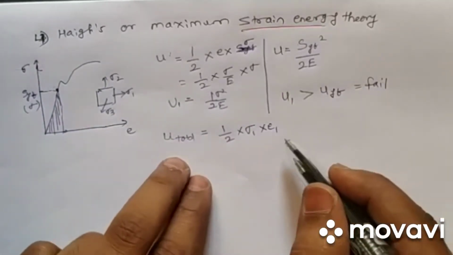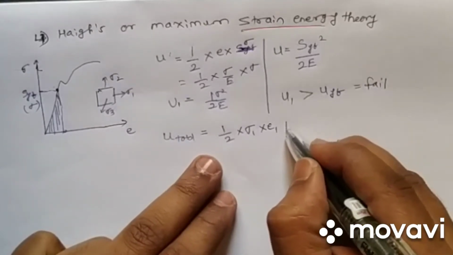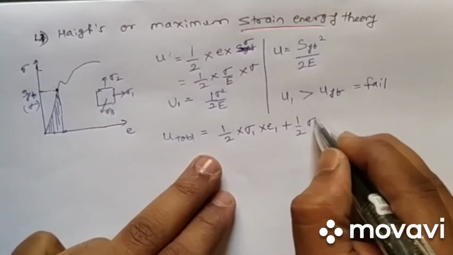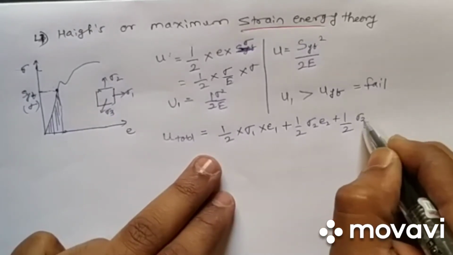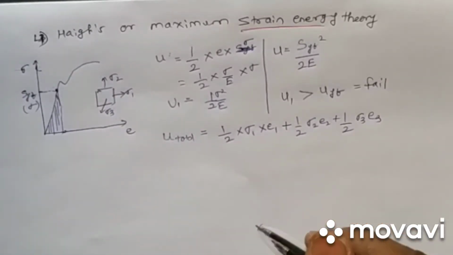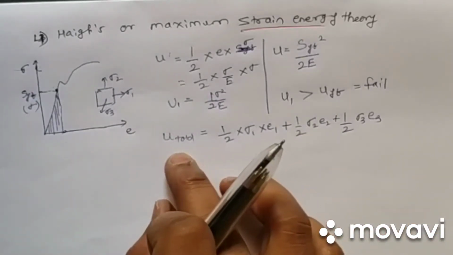So the total is 1/2 sigma 1 E1, plus 1/2 sigma 2 E2, plus 1/2 sigma 3 E3. This will be the strain energy per unit volume.